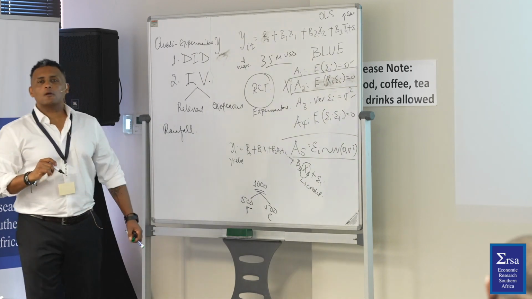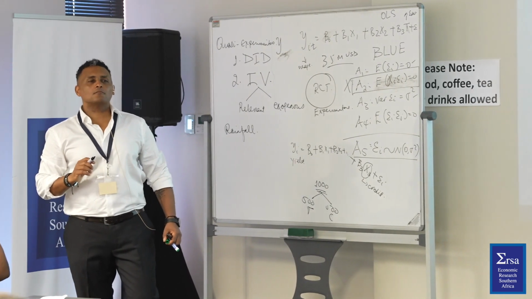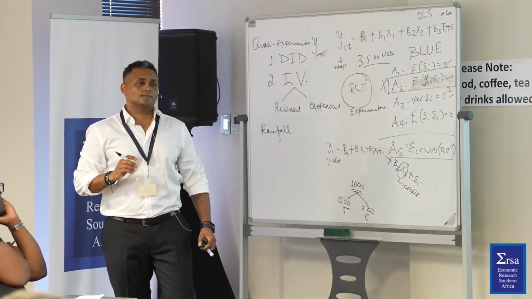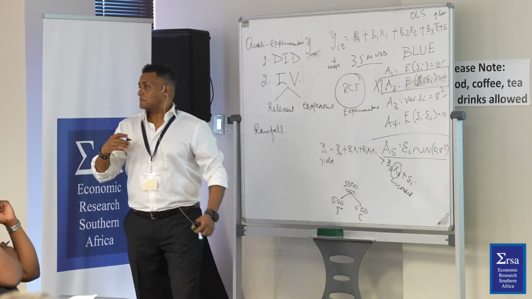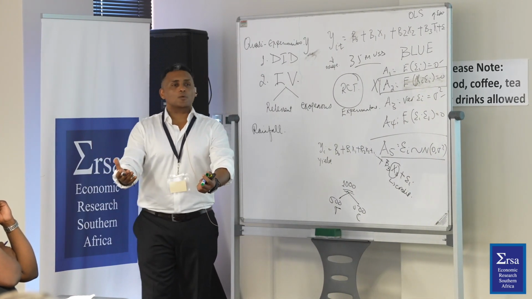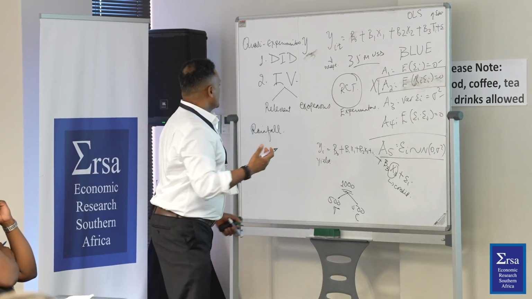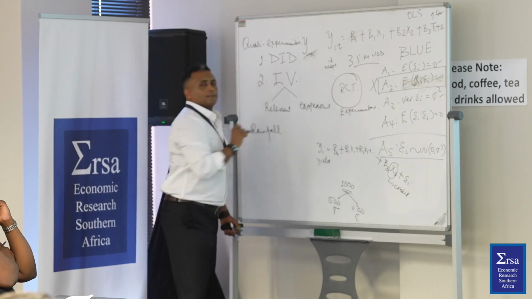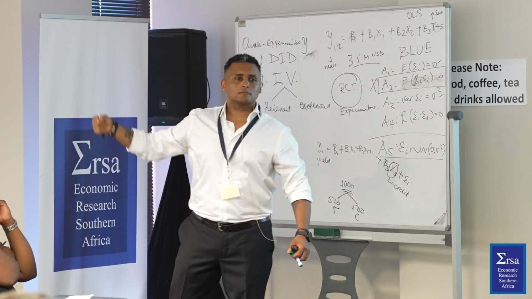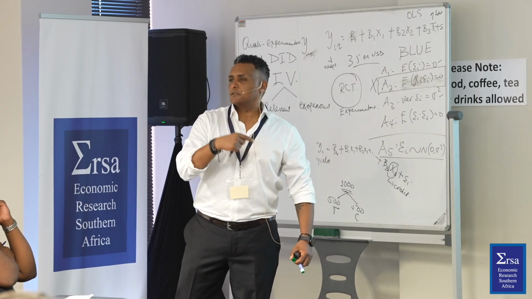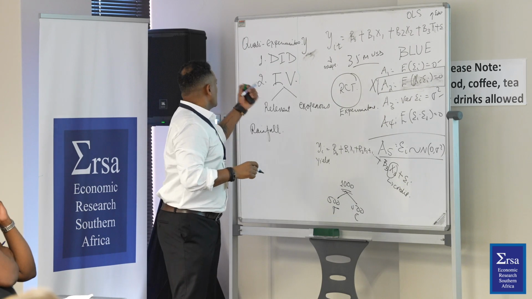Rainfall is an IV for income. You can use it because it affects your agricultural productivity, which means your income is affected. So rainfall might not directly affect your education, but it might affect it through your income.